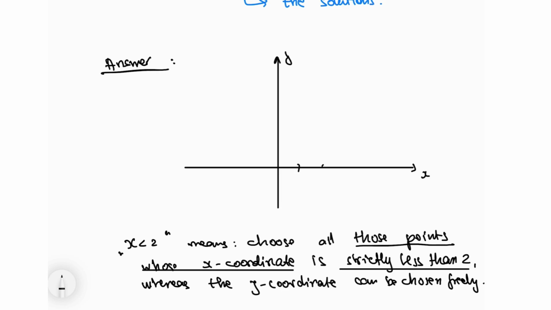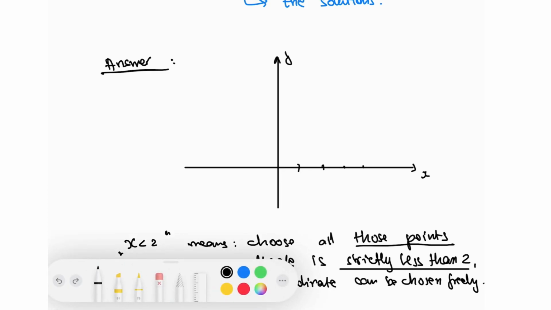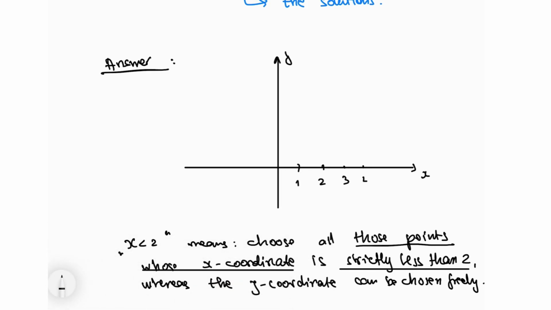So let us see a couple of points until we get the feeling of what the solution might be. Of course, you can pause the video and try.